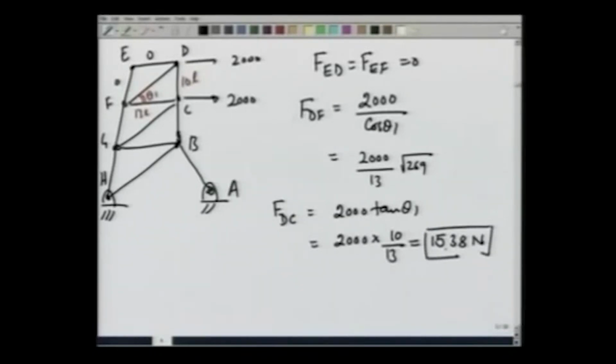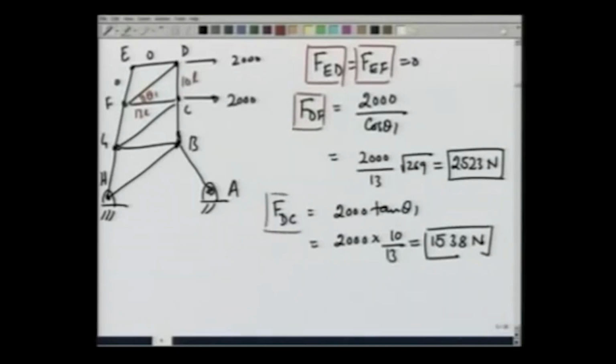Similarly, the FDF comes out to be 23 newtons. So, we have found the 4 forces, let me box them, FED, FEF, FDF, FDC.